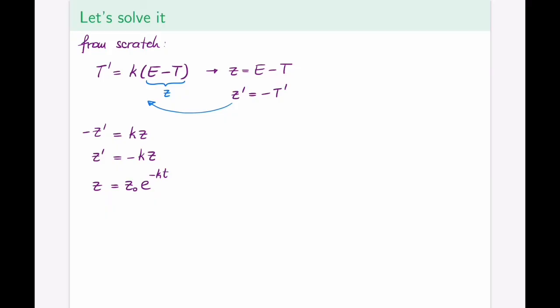So z on the left-hand side is simply E minus T. Z naught is going to be E minus T naught, and I have e to the power of minus kt. If I now take a minute to rewrite the whole thing for T, because this is the temperature that I'm after, I'm going to move E to the right-hand side and then multiply everything by -1 to get rid of this negative.